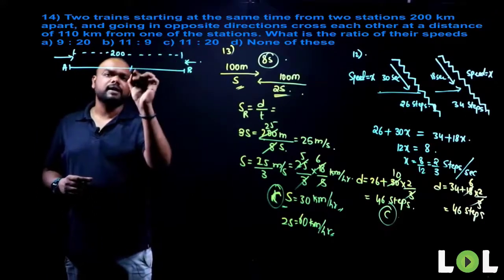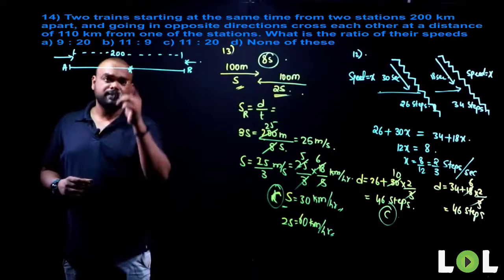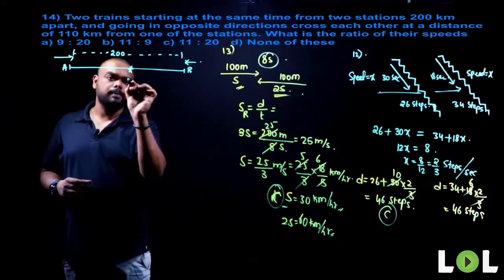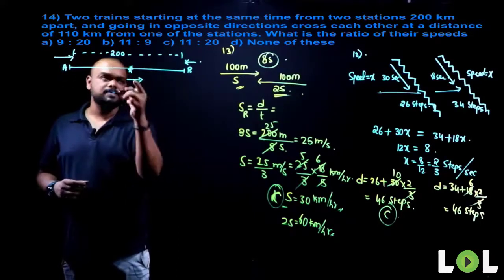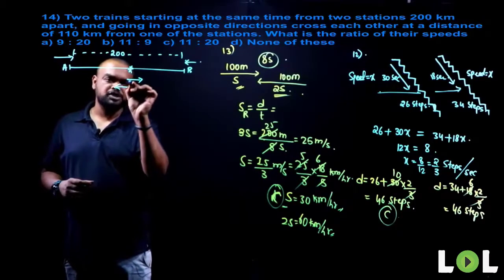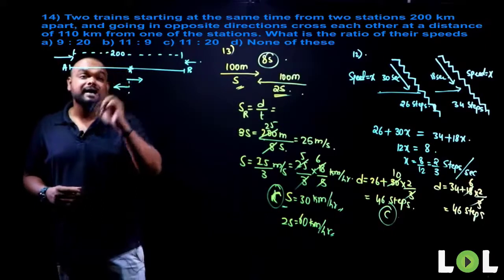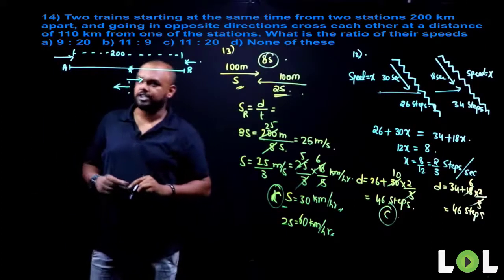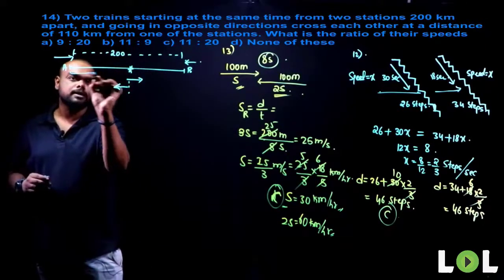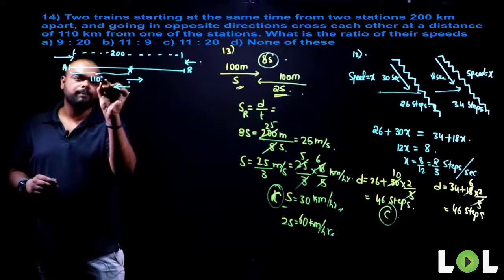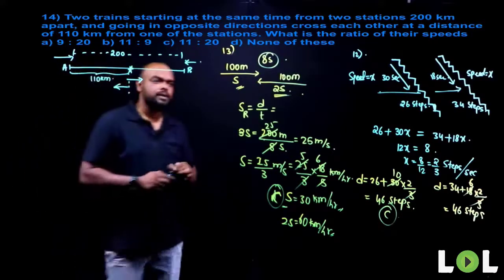Now they'll meet somewhere here. This train comes here, this train comes here. They crossed each other, at 110 kilometer from one of the stations. Let us assume this from this station. This is 110 kilometer.